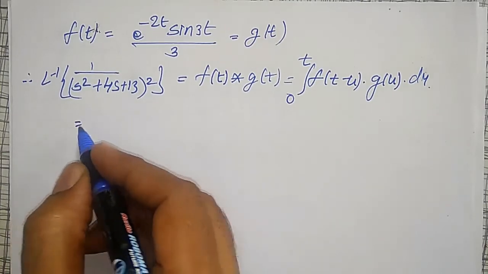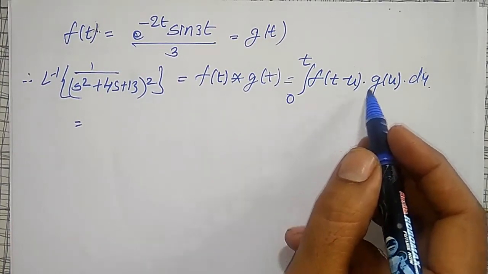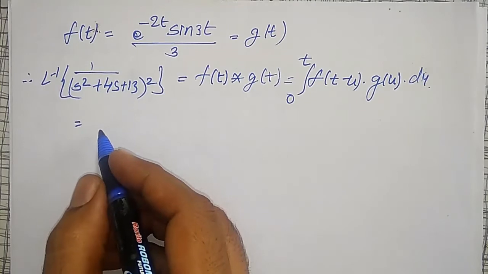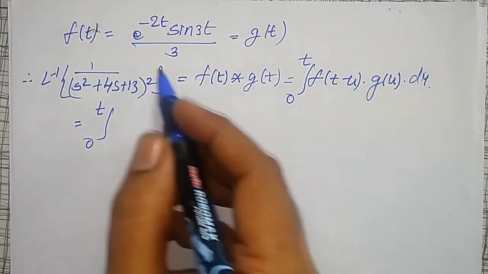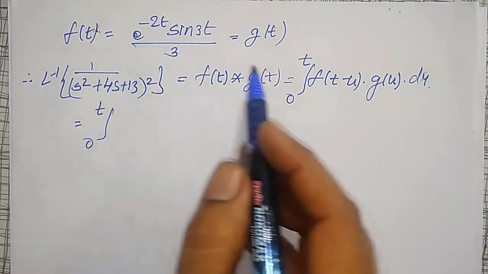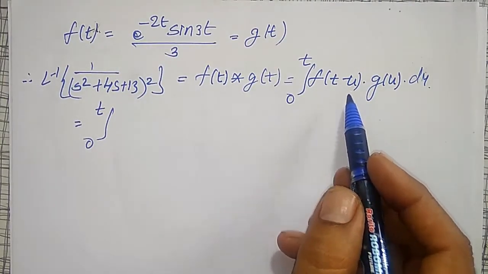And let me substitute f of t minus u and g of t minus u and simplify. That is integration from 0 to t f of t minus u. F of t is this, wherever t is there, I will replace it by t minus u.